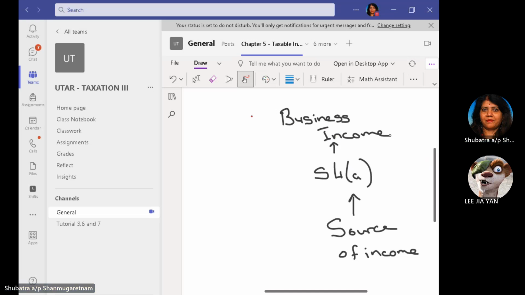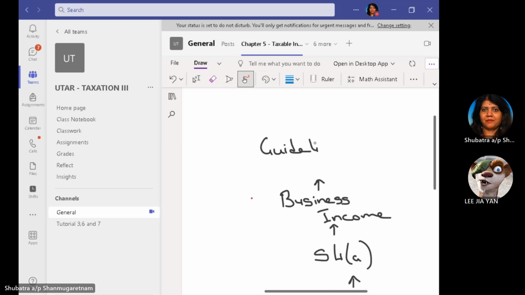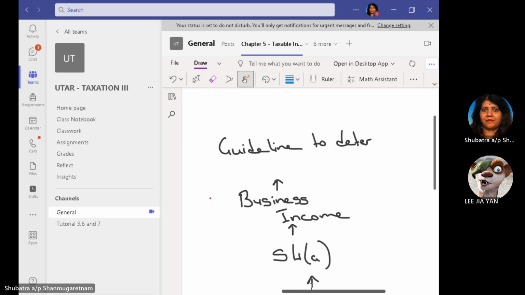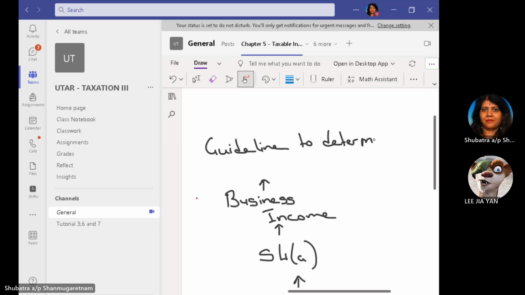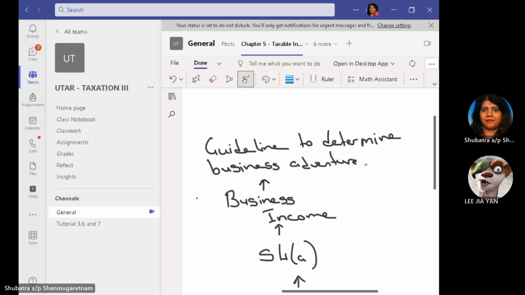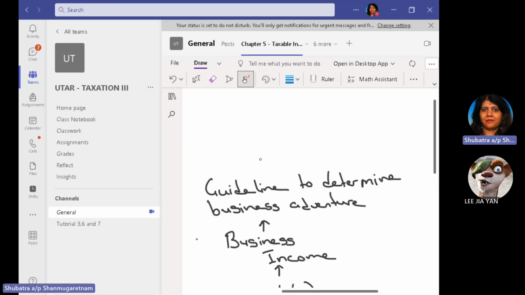Now, for Section 4A, you do know that your guideline to determine business adventure is your badges of trade. I take it that you guys are very familiar with your badges of trade.